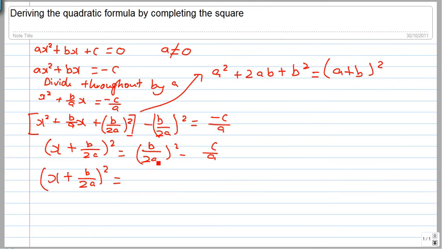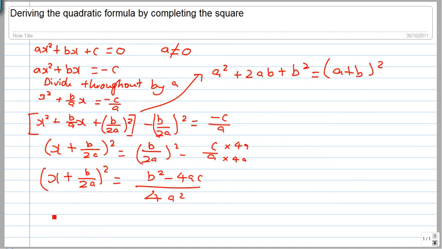So I'll convert this to equivalent denominators, and I'll get b squared minus 4ac over 4a squared. What I just did was multiply 4a to the numerator and the denominator, because 2a squared is 4a squared, so I'm making them equivalent denominators.